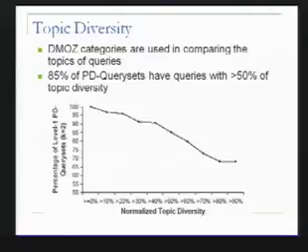In the x-axis we show the topic diversity, a normalized measure we get from the DMOS categories. As it shows, around 85% of the PD query sets coming out of this algorithm have more than 50% topic diversity. That explains that different queries from different topics are put together in a single PD query set by the clustering algorithm.